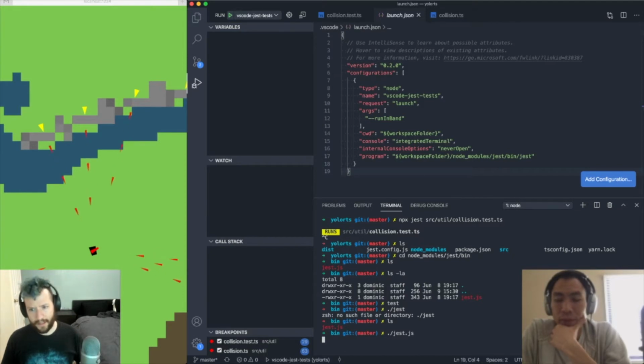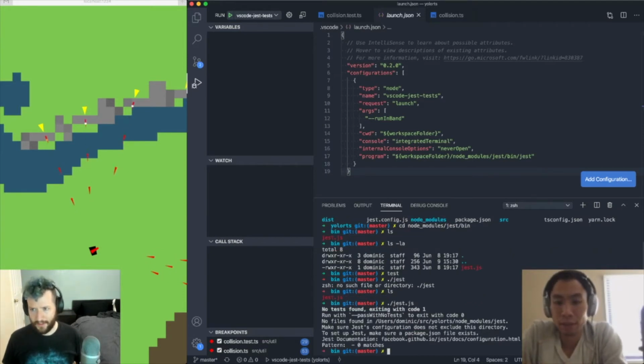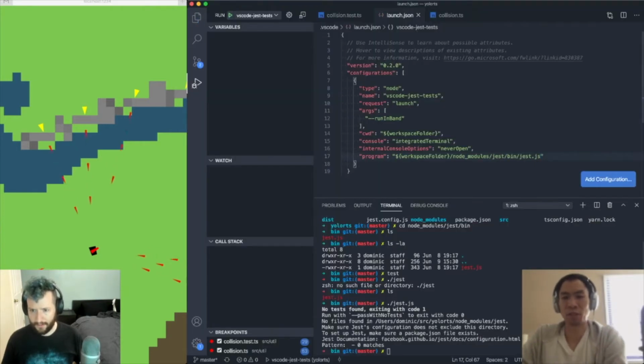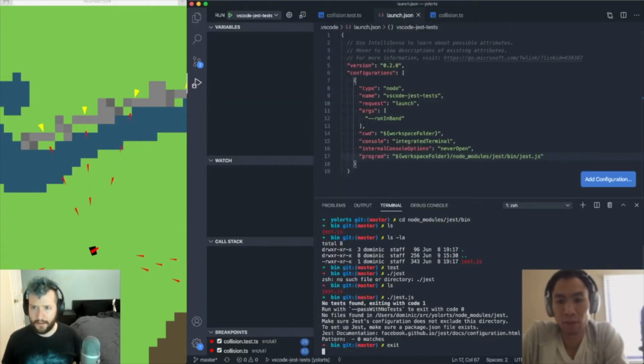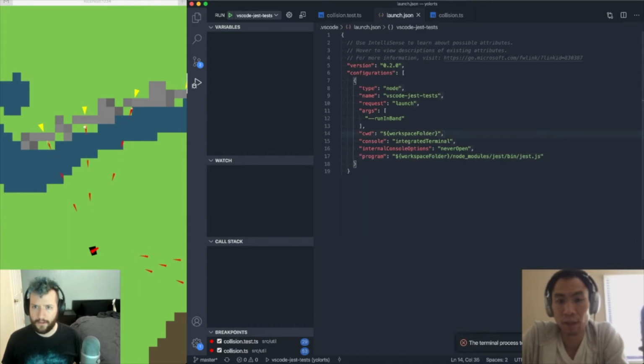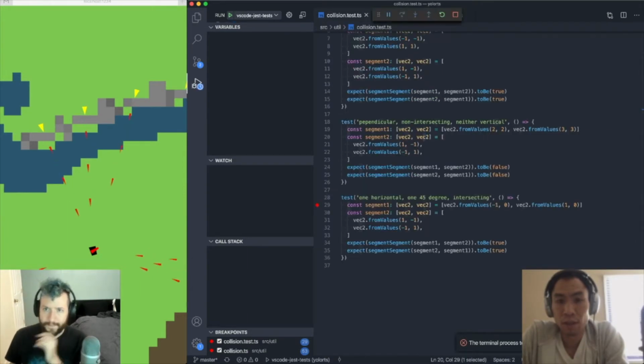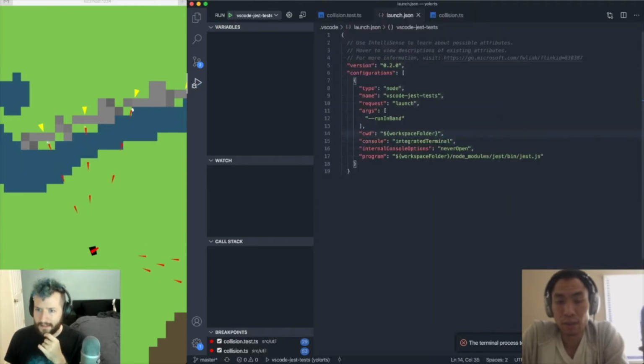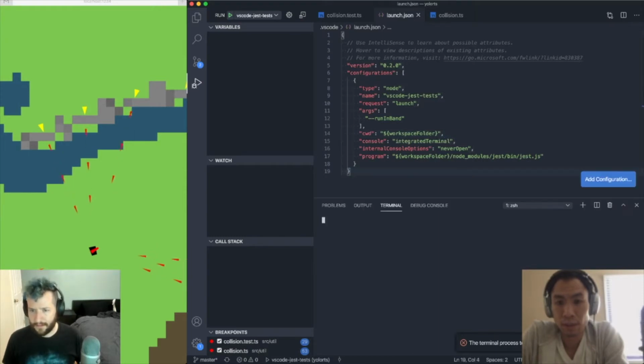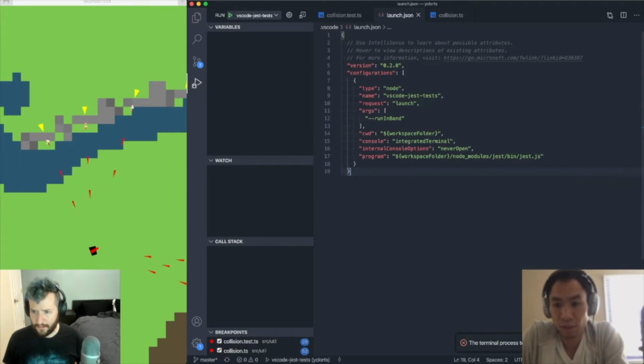Actually, this probably needs to be jest.js for me. Yeah, I copied this from an older project, so maybe this is different now. No, I'm writing this file, which is useless. What the heck? And there's no output.